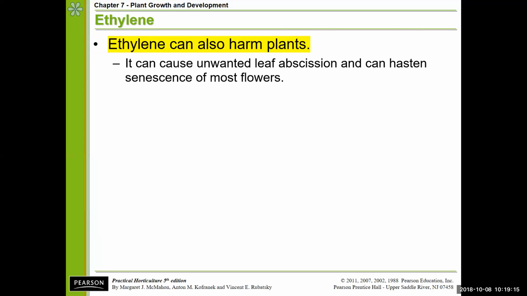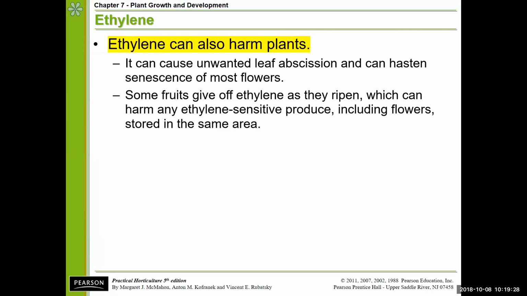By the time the fall class rolled around, some of these flowers had hastened their ripening and were overripe or dropping their petals. So there can be unwanted effects of ethylene, of course.